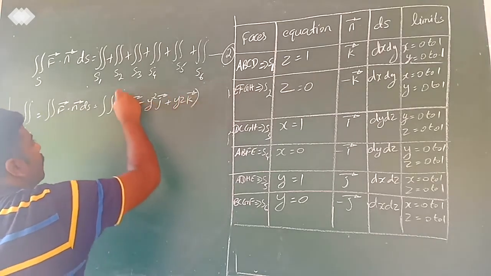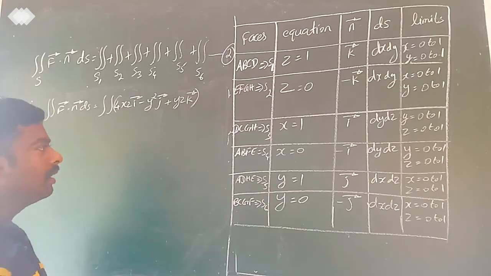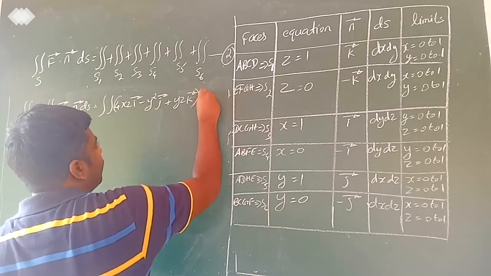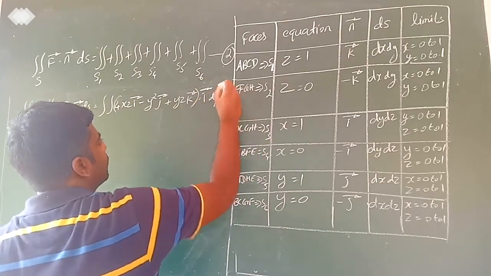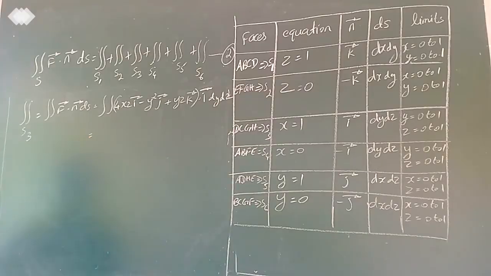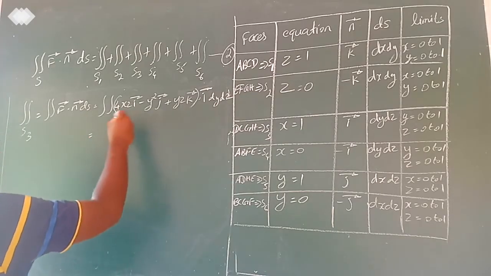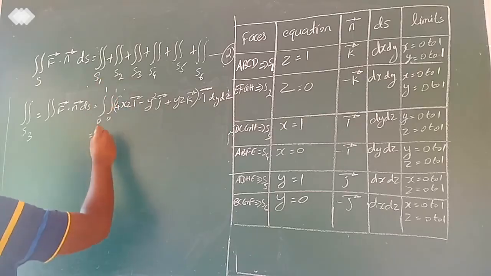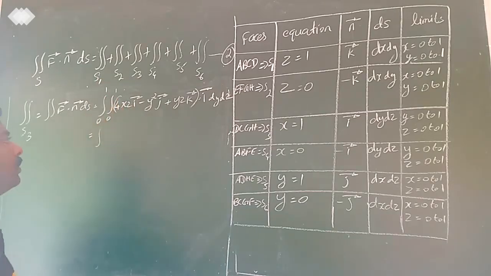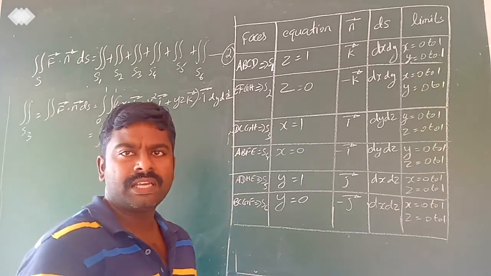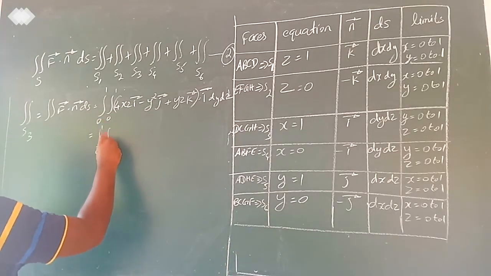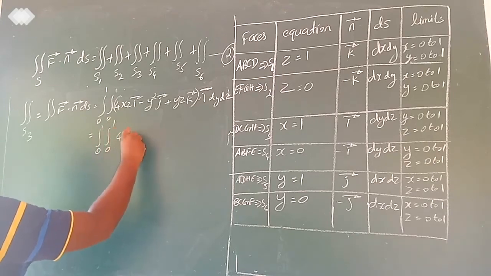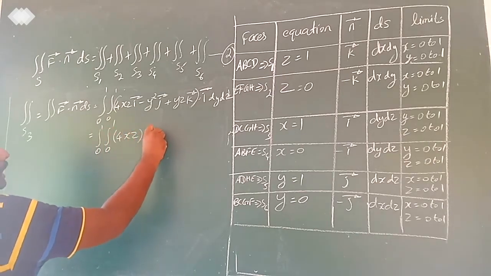For S3, n vector equal to i vector, and dy dz. So y limits are 0 to 1, z limits are 0 to 1, and i vector dot i vector equal to 1, i vector dot j vector and i vector dot k vector equal to 0. So therefore, the integral from 0 to 1, 0 to 1 of 4xz dy dz.